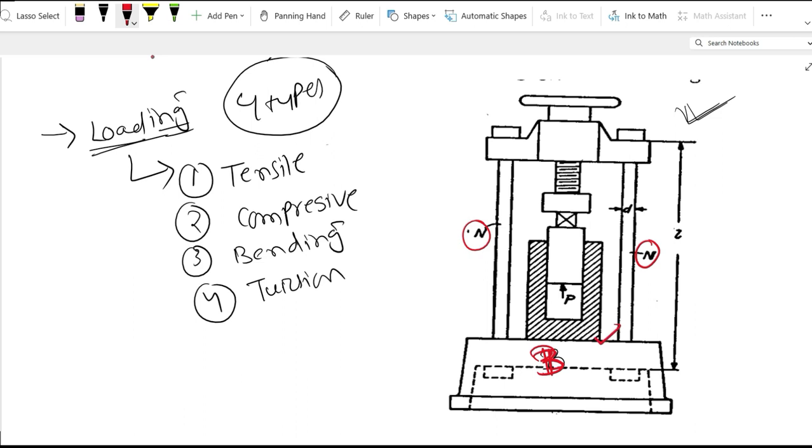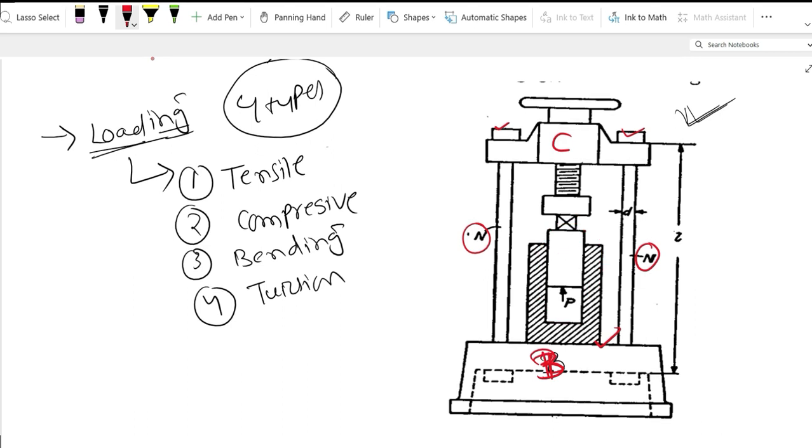This is the crosshead, and these are the bolts. This is the handle, this is the screw, and here this one is the specimen. Basically the purpose of this machine is to test this specimen.